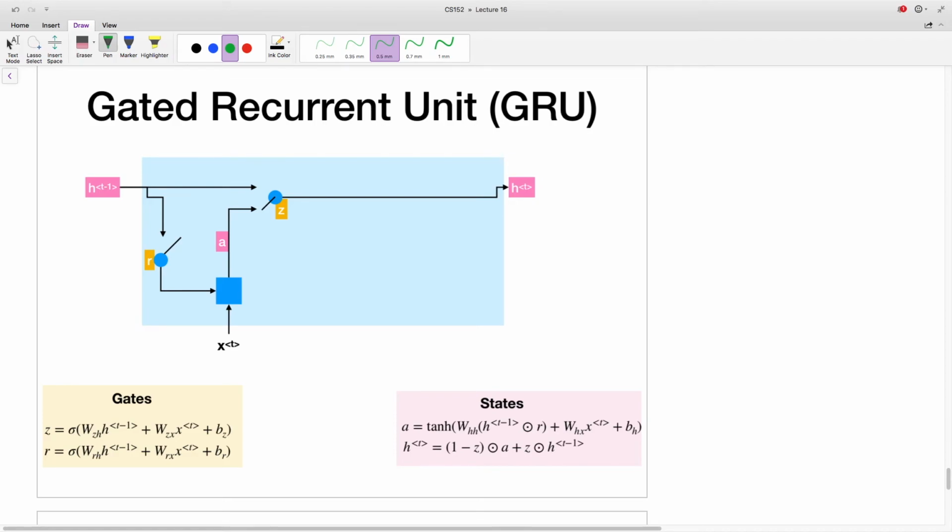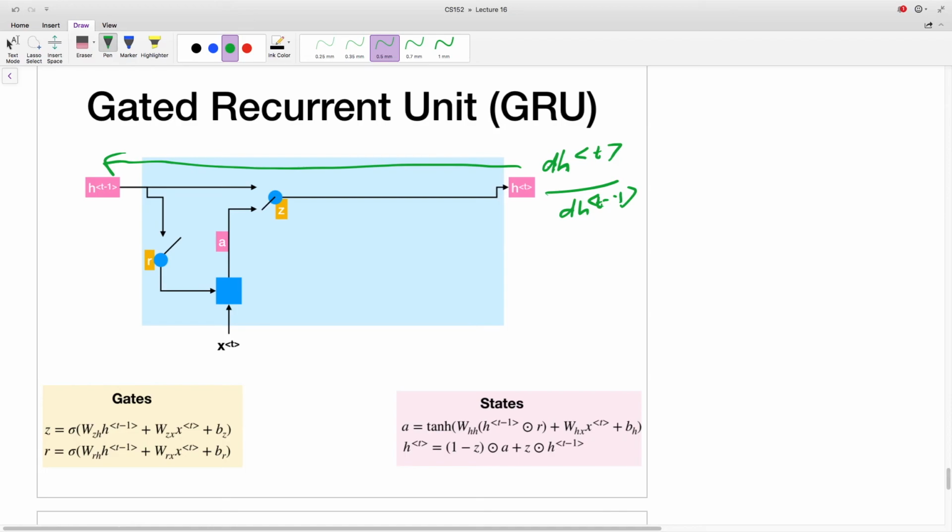So here's my question before you leave. What is the dh_t minus 1 with respect to this path, right?